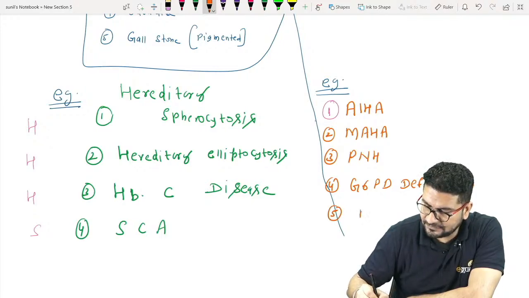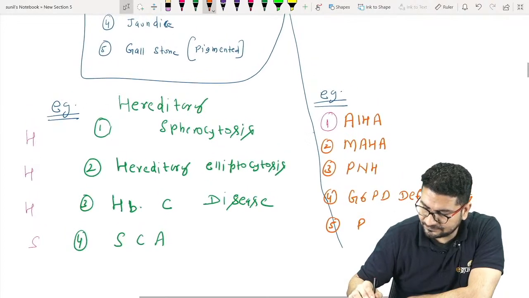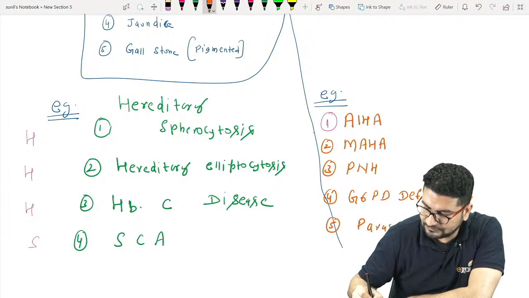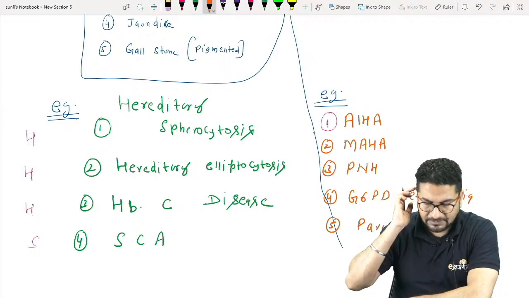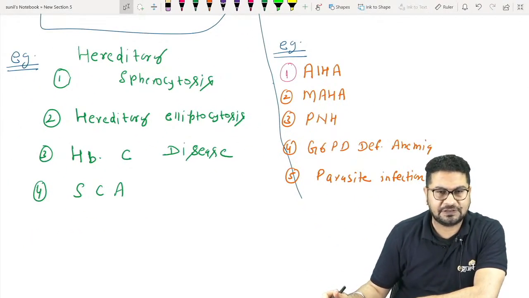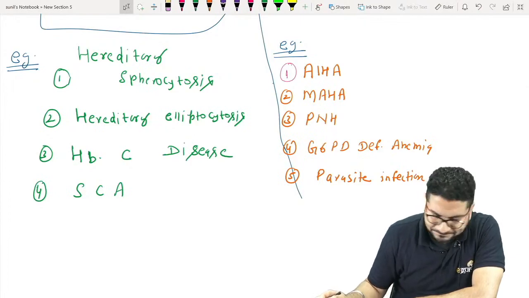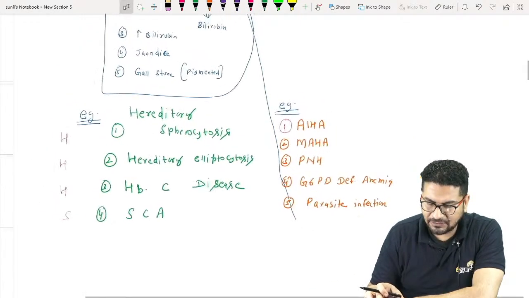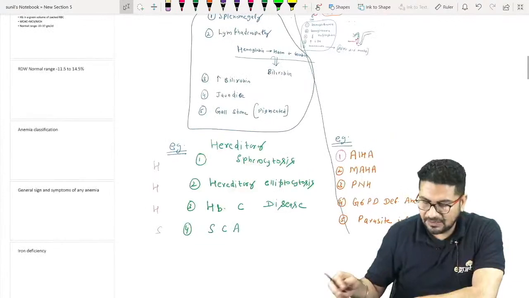You will also see this in certain parasite infections. I'll come to the full forms. Understand this: AIHA, MAHA, PNH, G6PD deficiency anemia, parasite infection. These are the causes of intravascular hemolysis.